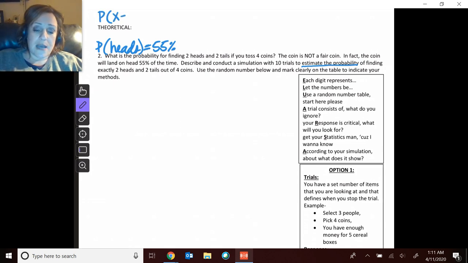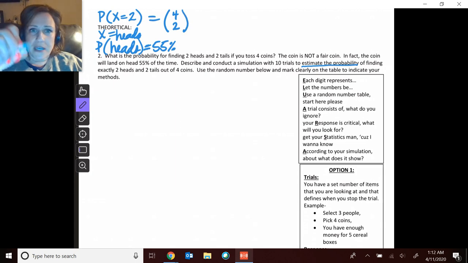If I want exactly 2 heads, X is the heads, and not that I expect you to have this memorized, it is on the formula chart, but you remember 4 choose 2 successes, and that was like a big old factorial mess of mathematics that our calculator would do for us.